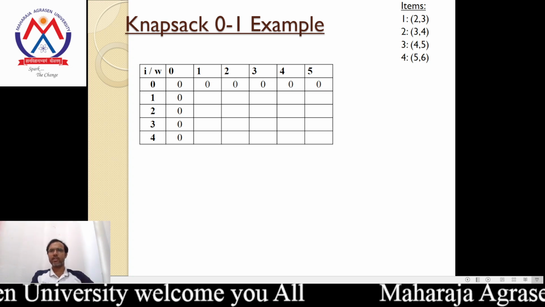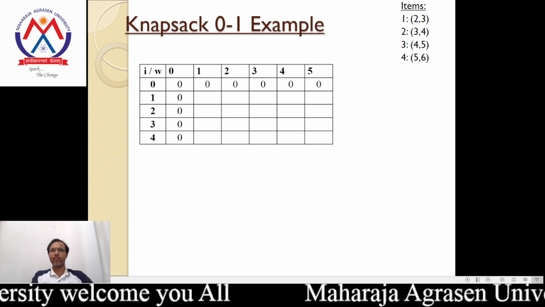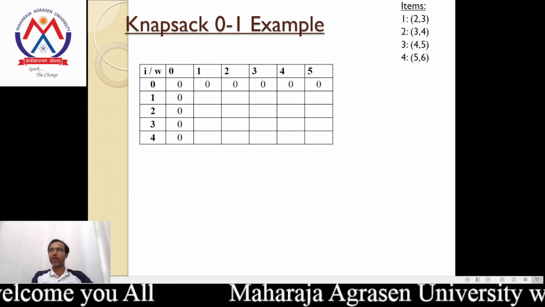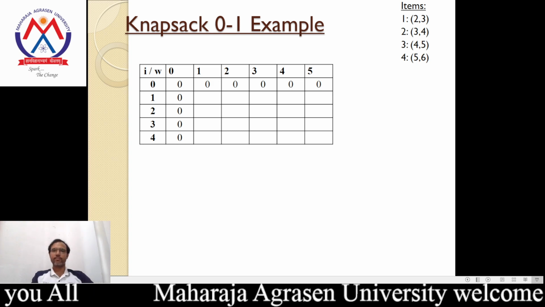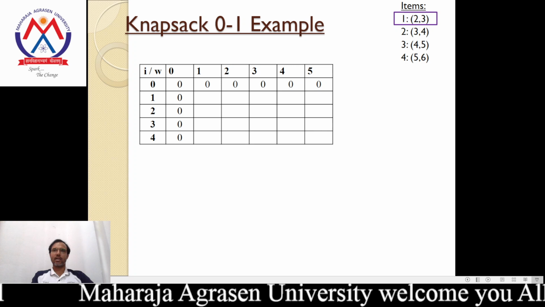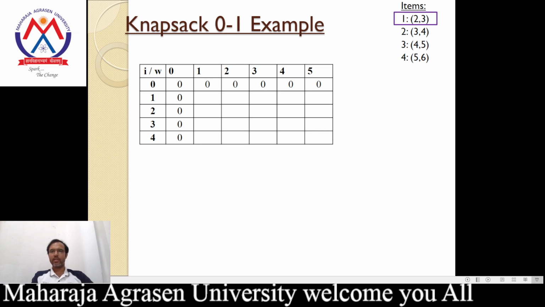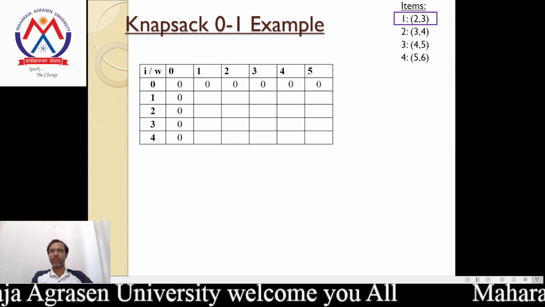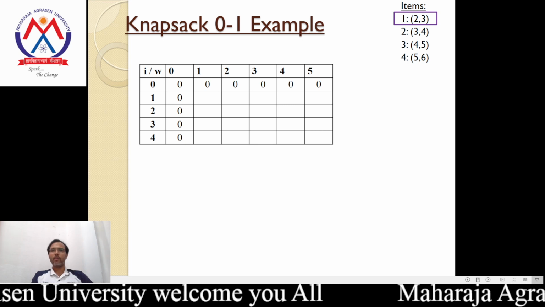Value means profit, because we have to maximize the profit whenever we select the weights we have. Okay, let's start with the first item. Item number one has a weight of 2 and the value is 3.